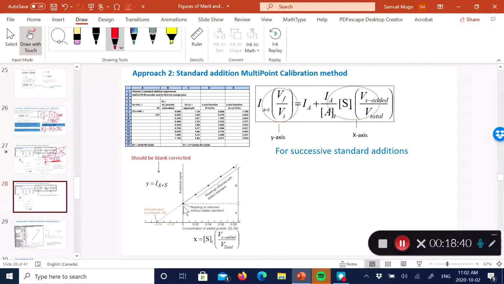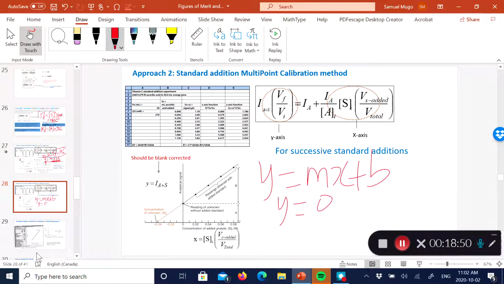But whatever you get as the intercept here, when you get the equation of the line, y equals mx plus b, and then you make y equal to 0 so that you can get this intercept. And so x is going to be equal to minus b divided by the slope. And again, remember, we only care for the magnitude, so just ignore the negative sign. Okay, and so the number that you get in this case is actually going to be the x final, or the analyte final.